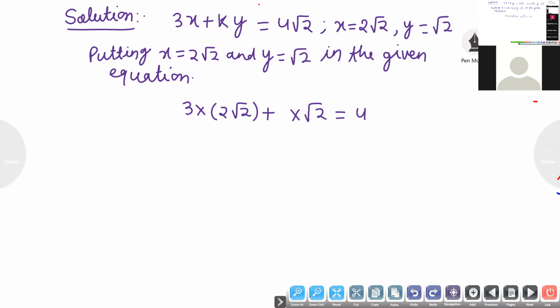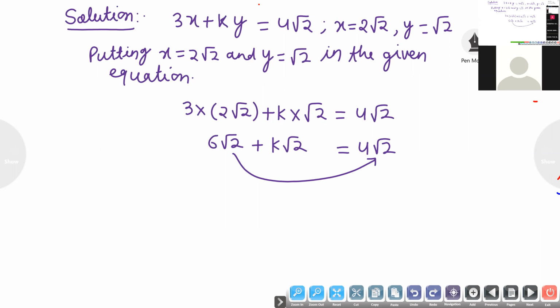Now 3 into 2 square root of 2 plus k into square root of 2 is equal to 4 square root of 2. 3 twos are 6, so 6 square root of 2 plus k square root of 2 is equal to 4 square root of 2. Here k square root of 2 is the variable and 6 square root of 2 is the constant. We transfer it to the right side.